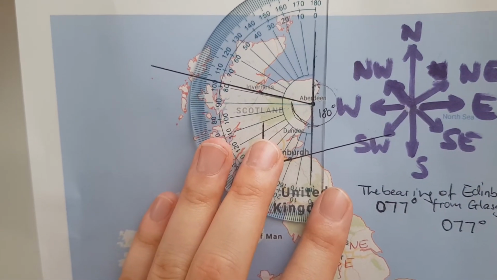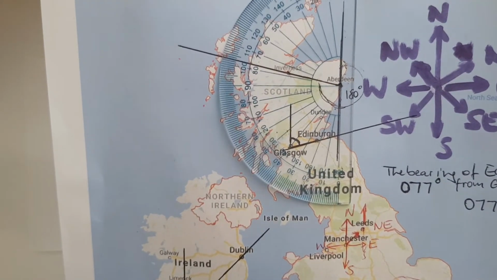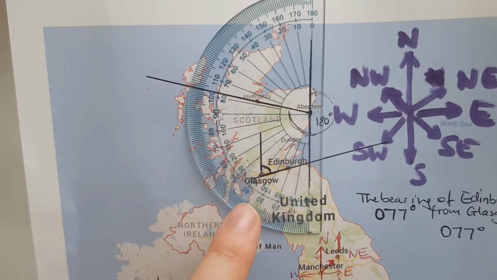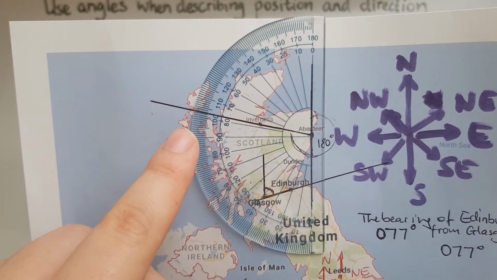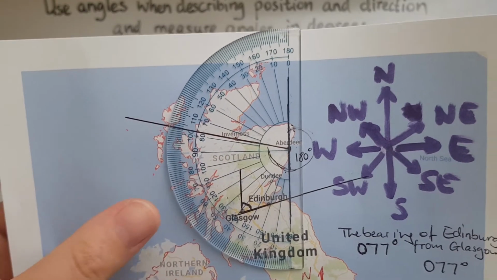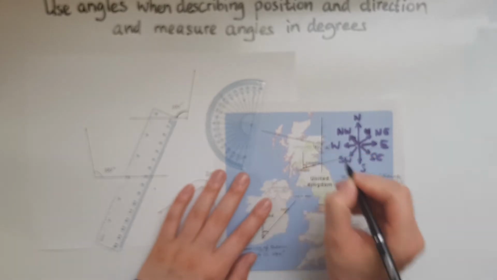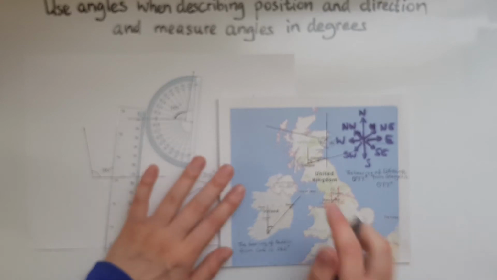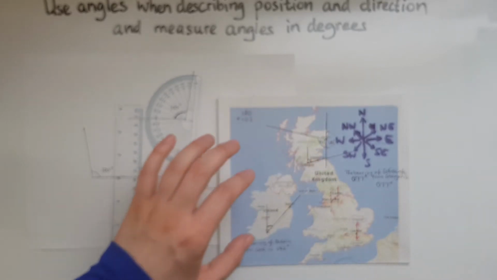So there we go. And we go 0, 10, 20, 30, 40, 50. So it is 103. So we add in 103. That is 103. So altogether, this is going to be 180 and 103.